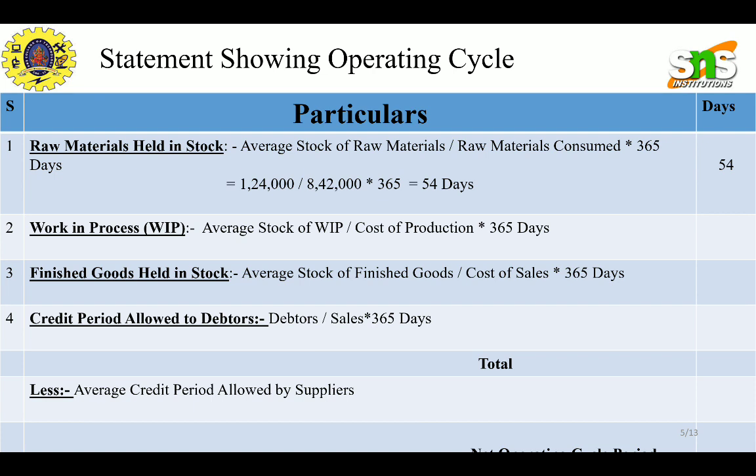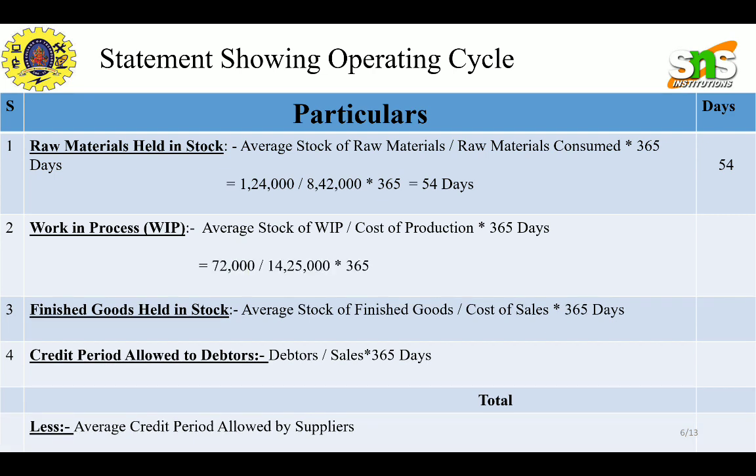The average stock of work in progress, given in the question, is 72,000, divided by cost of production 14,25,000, into 365 days. Finally we get 18 days.